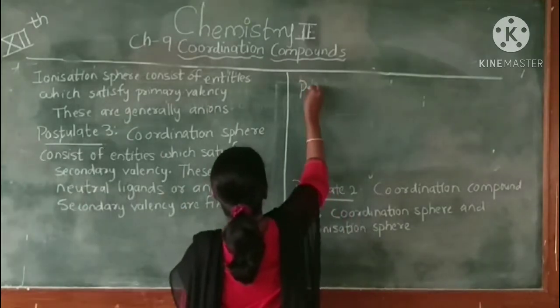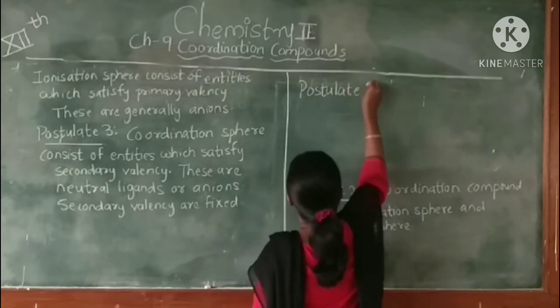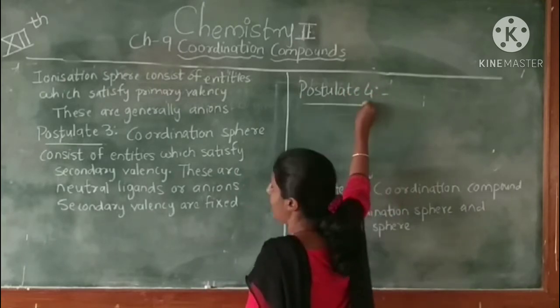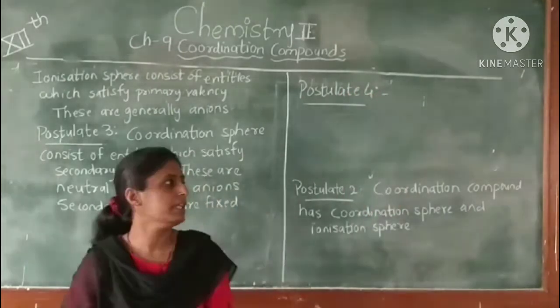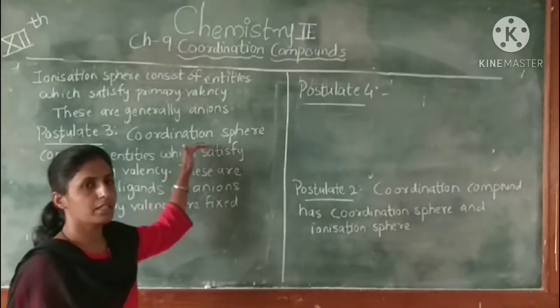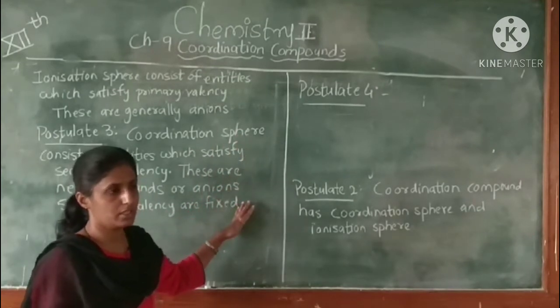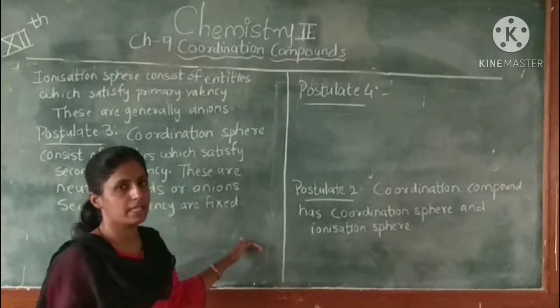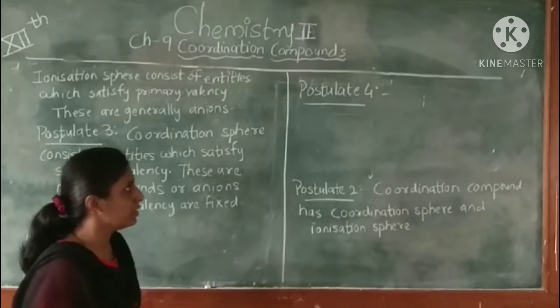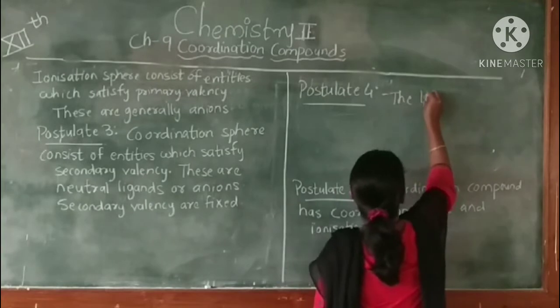Let's see the fourth postulate. Postulate number 4 states that the ligands in the coordination sphere are arranged in a specific direction, due to which the complex gets a directional property.